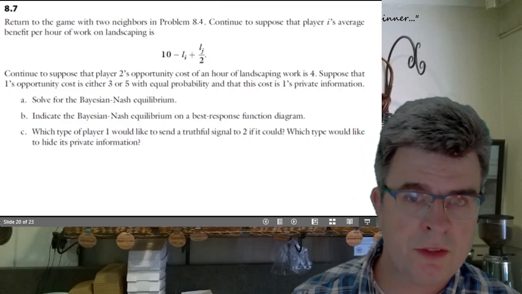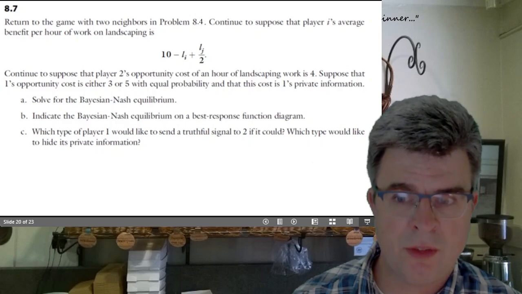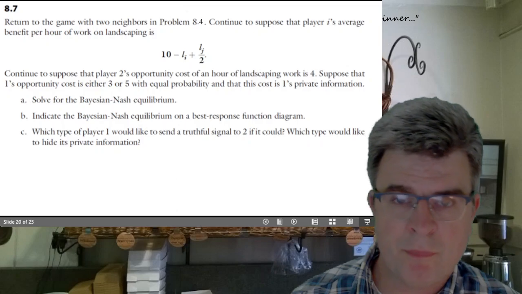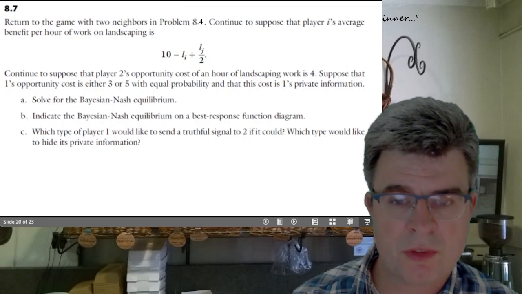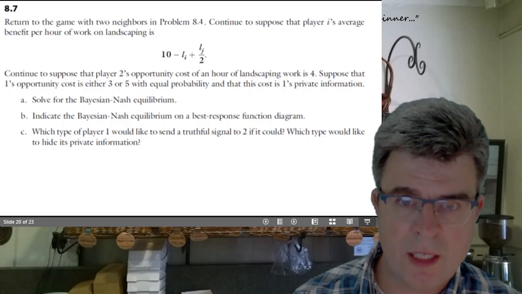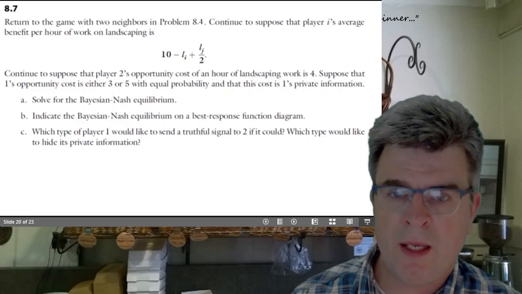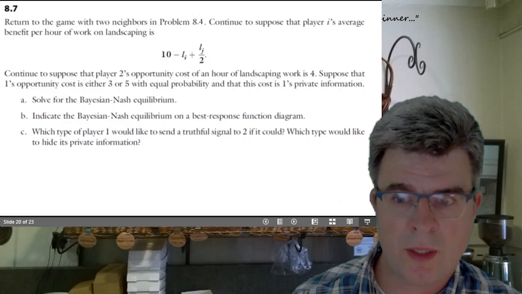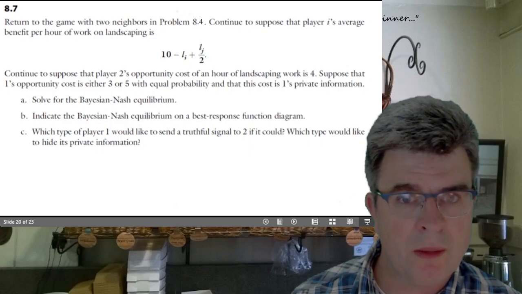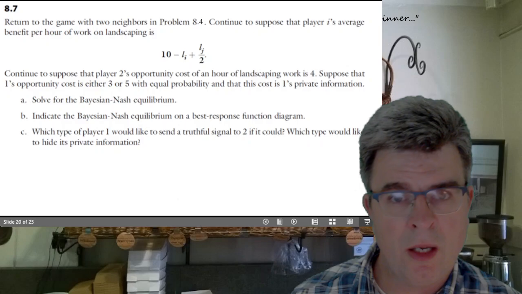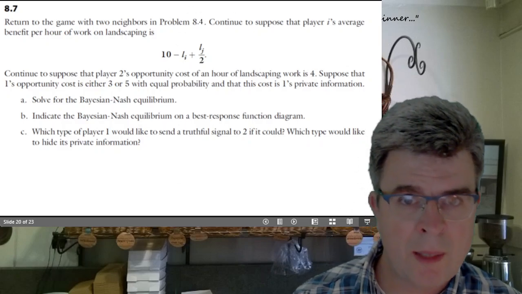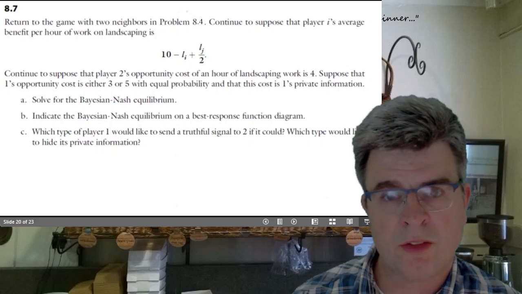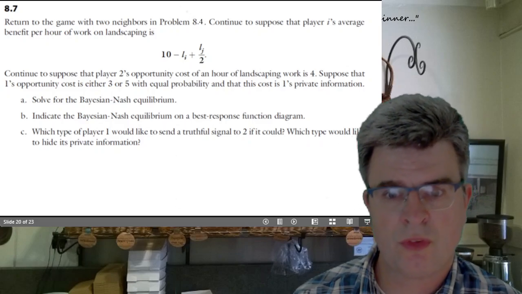So this is the perfect setup to solve for a Bayesian-Nash equilibrium, and that is what we will do in part A. We need to indicate it also on a best response diagram, just like we did in 8.4. And then finally we need to address the question: suppose that player 1 knows the type. If he is low marginal cost or high marginal cost, which of the two player 1 types would like to send this information to player 2?